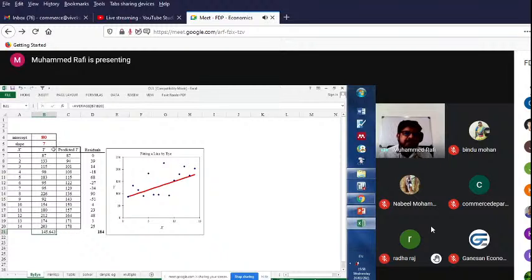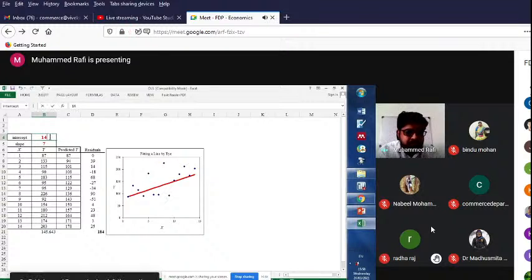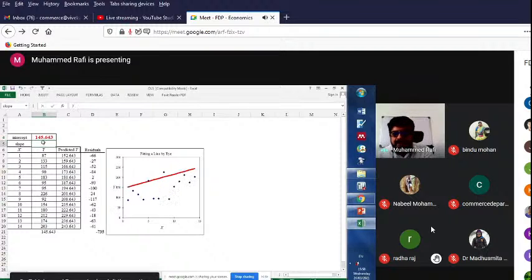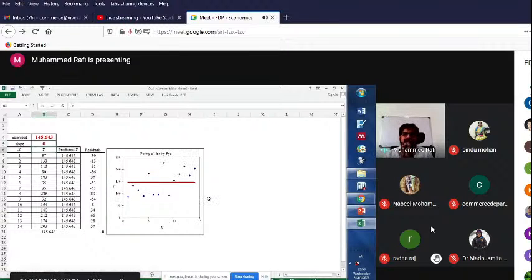Now I'm giving this value for the intercept, 145.643, and the slope, let me give as 0. Now you can see that this fitted line is going exactly through the middle, and the sum of the residual is equal to 0.